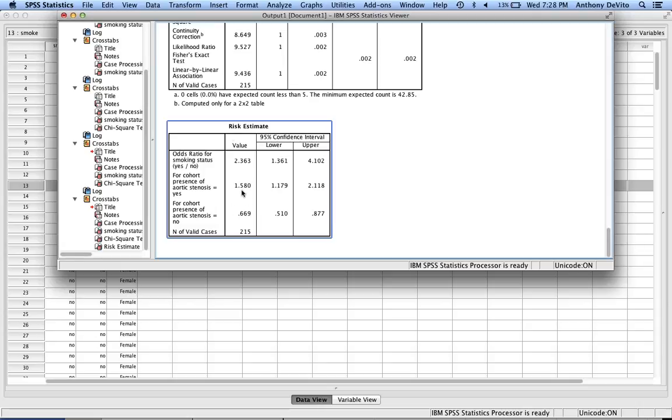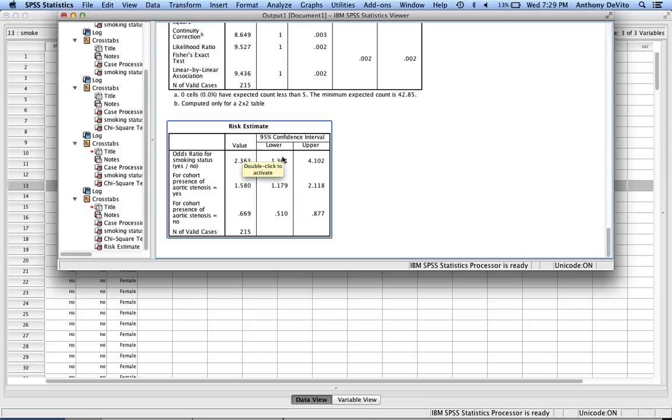So what is the important thing about this 2.36 and the 1.58? Is it the absolute numbers that are important to us right now? No, we've got to know if those numbers are big enough to say with 95% certainty that they're different than 1, which is what we would get if there's no association, no difference between the risk for smokers and the risk for non-smokers, right?